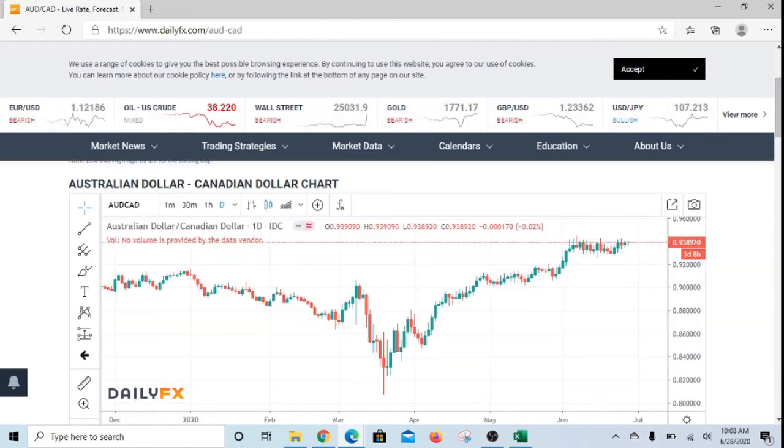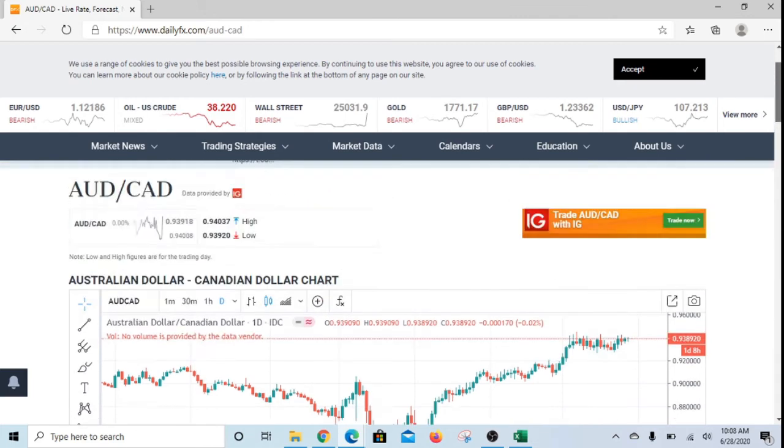And yes, it is. So as you can see, for a period of 1 month, Australian dollar has been continuing an upward trend, and Canadian dollar in relation to that has been falling.